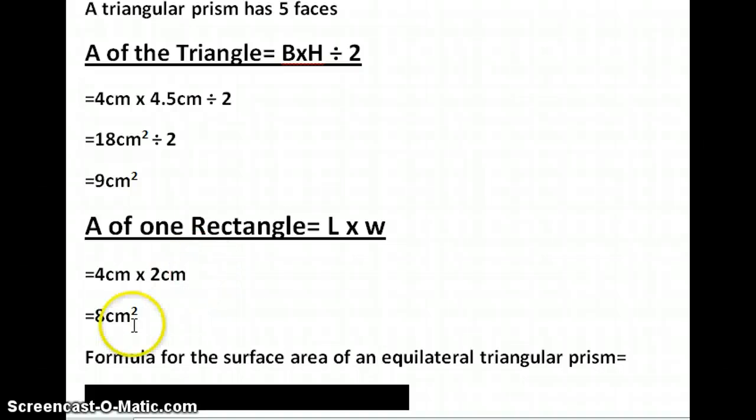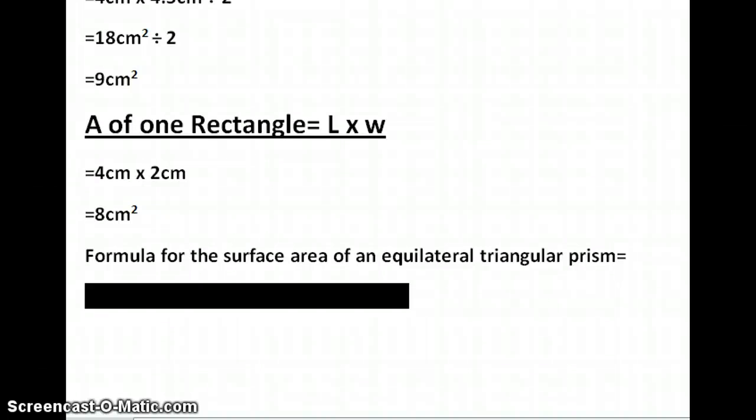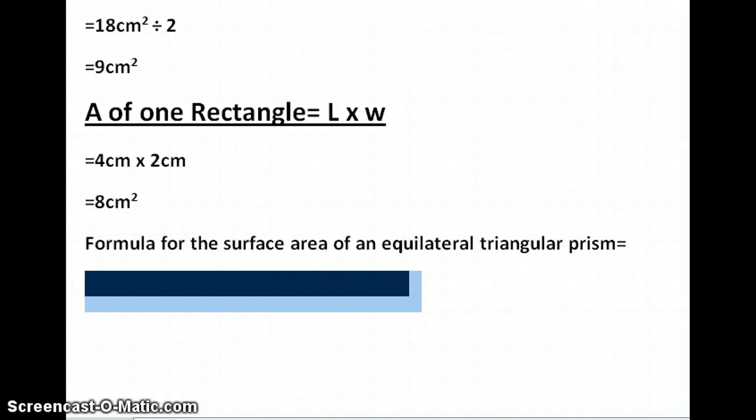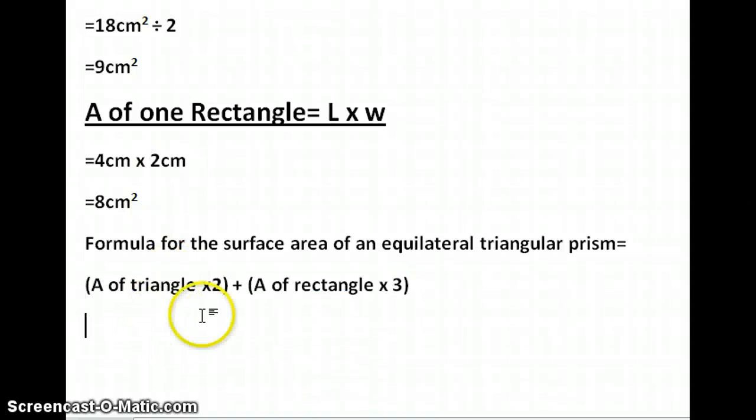And how many of the rectangles? 3 of them. So this is what we're going to go with: area of triangle multiplied by 2, plus area of rectangle multiplied by 3.